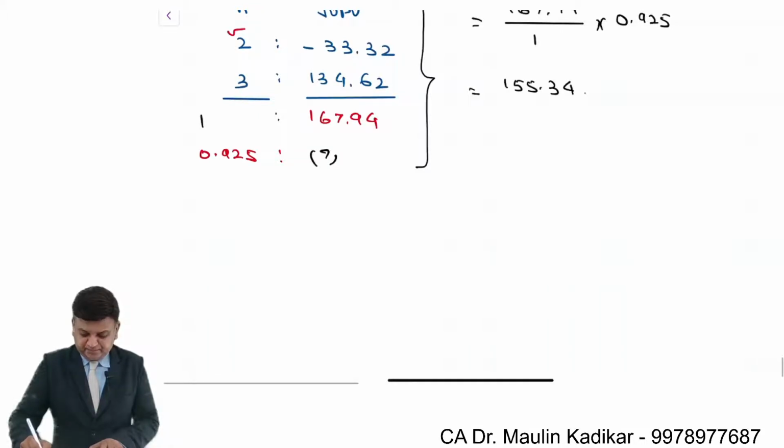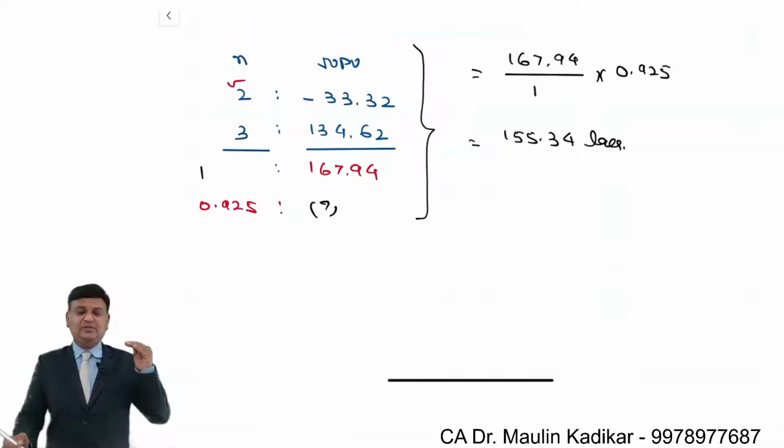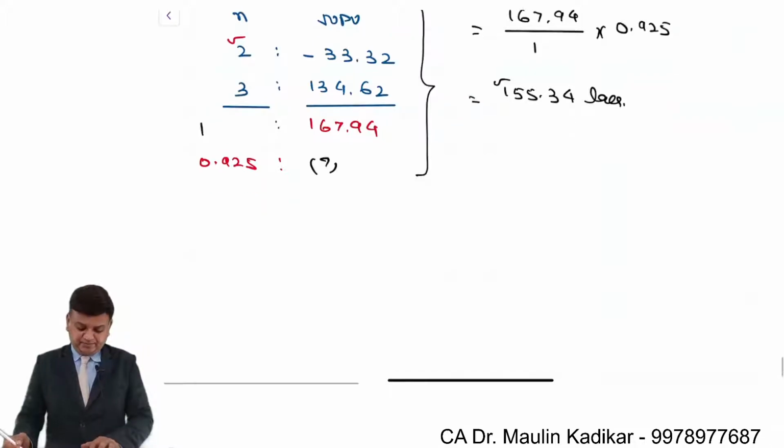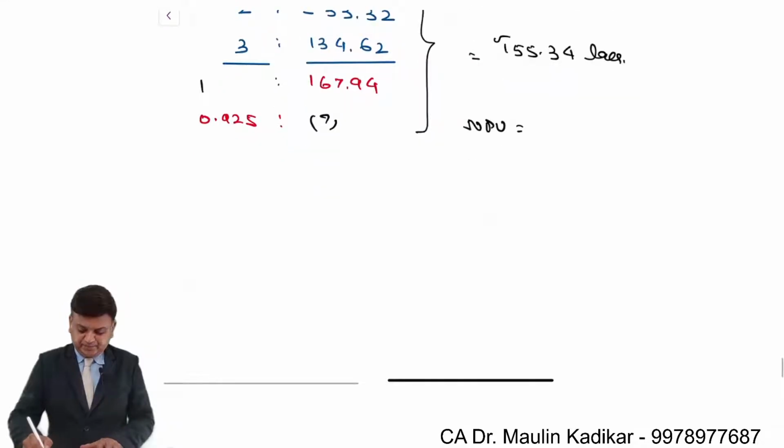Okay. So we understand that if at all life of the project increases from 2 years to 2.925 years, then in that case, this is the increase in the NPV. So NPV is equal to negative 33.32 plus 155.34.